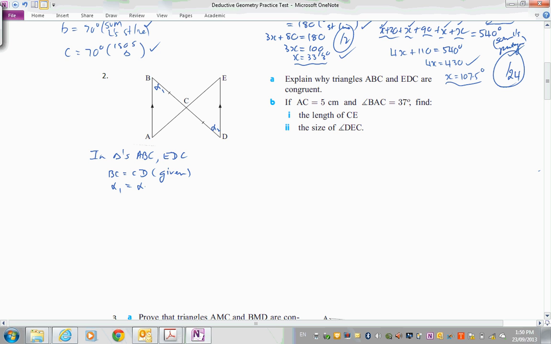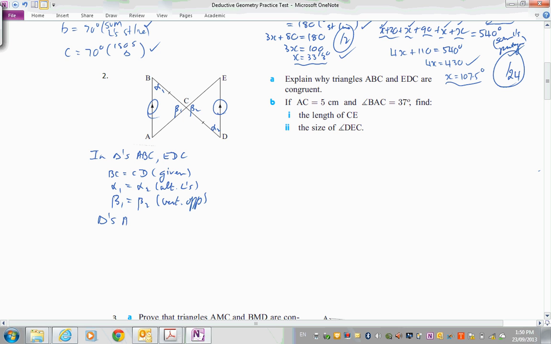Easiest way to refer to them. Alternate angles, because we have those 2 parallel lines. You could put that AB parallel to ED, and we've got beta 1 equals beta 2, vertically opposite. Vert op. So we have shown it.